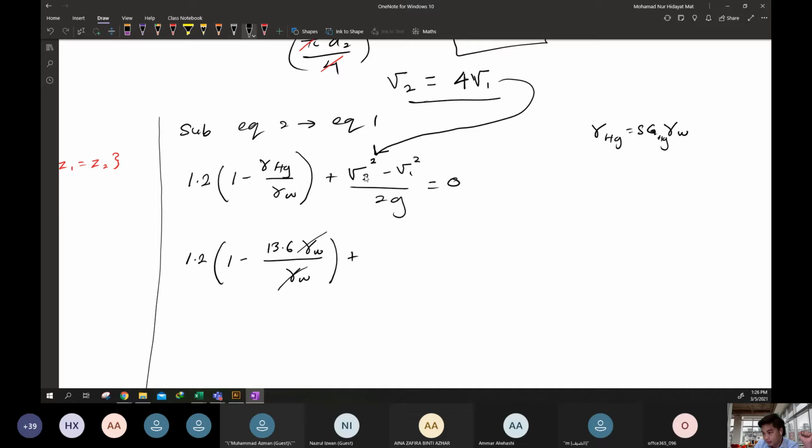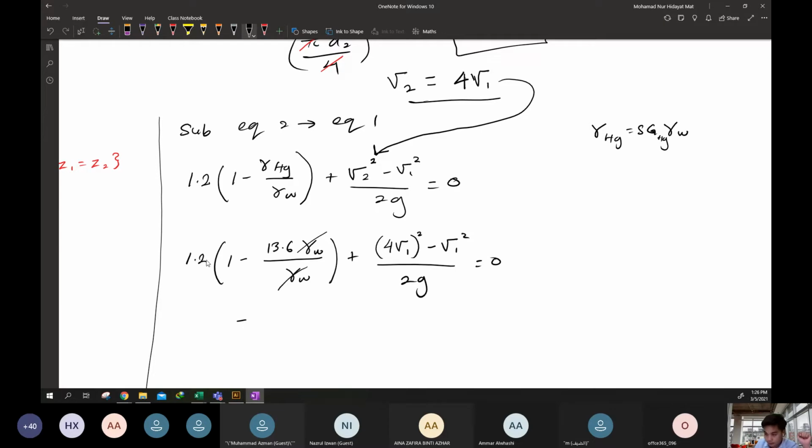Okay, V2, which is 4V1. Put the bracket, alright? Square. The 4 is also inside the bracket, over 2g, equal to 0. Alright, you try to solve, you will get negative.